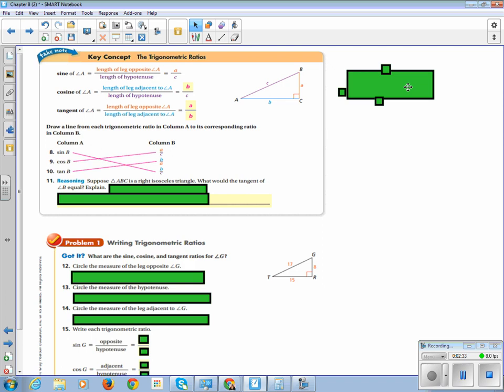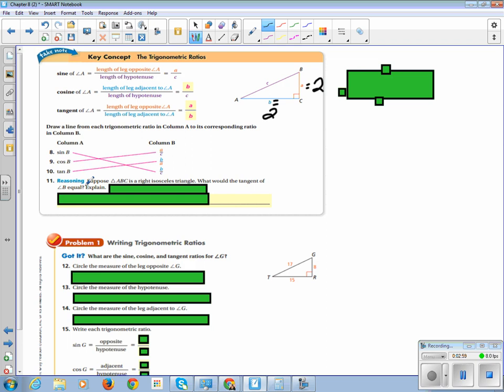So suppose triangle ABC is a right isosceles triangle. What would the tangent of angle B equal? Explain. So if I have equal sides, let's say that this was 2, and this was also, it's isosceles, so this is also 2.